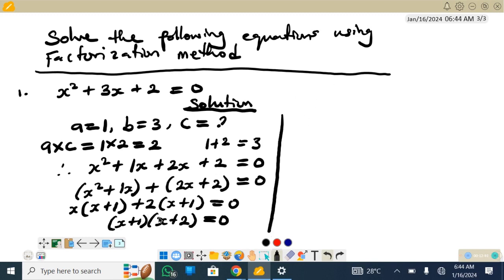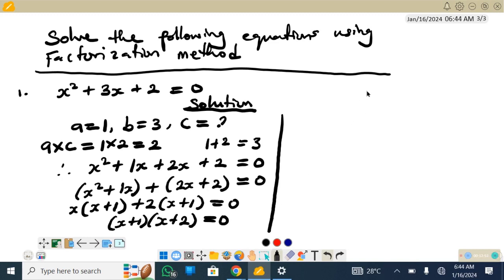Okay, let's divide this place into 2. So with this now, we have done the step 4. So the step 4 is to group and factorize, which we have done. So step 5 now means that you have to solve these two things. Now, let me explain what we are going to do here.